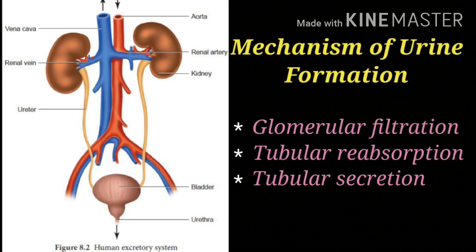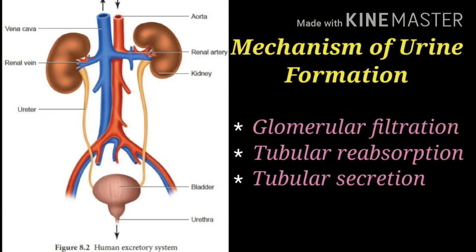Mechanism of urine formation. How many steps are involved in urine formation? There are 3 steps involved in urine formation. What are they? They are glomerular filtration, tubular reabsorption, tubular secretion. In glomerular filtration, what happens? The glomerular filtration begins from Bowman's capsule and glomerulus. So the filtrate is called glomerular filtrate. Tubular reabsorption, what happens?